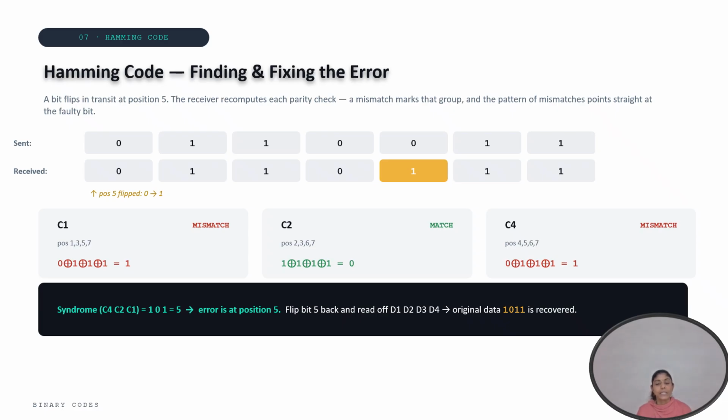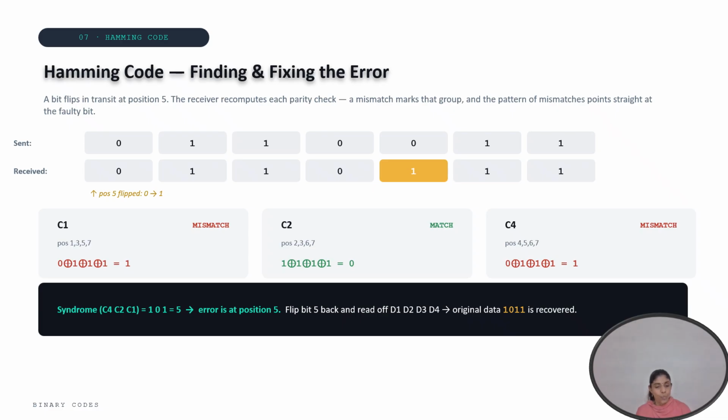Next check here: 1, 1, 1, 1. It is absolutely 0, because 1, 1 is always 0, as is 0, 0. In the last position also it is getting mismatched. So how to write the syndrome? C1, C2 and C4.